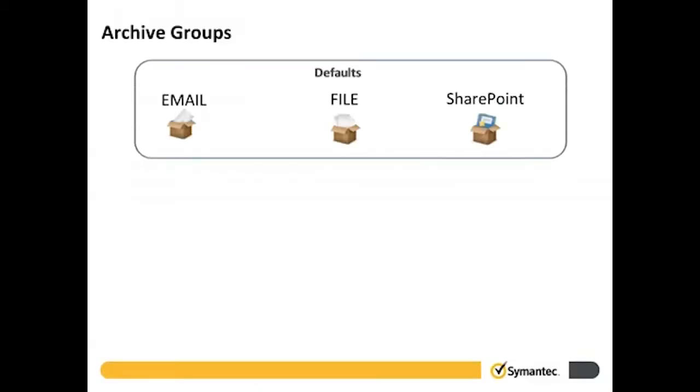Enterprise Vault Search organizes the available archives into groups. By default, a predefined set of archive groups is automatically created based on their content type, including email, file, and SharePoint. Use Archive Group Configuration to create archive groups and organize the archives in them.